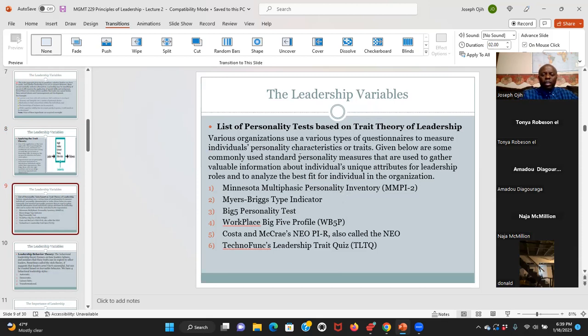Some of those include the Minnesota Multiphasic Personality Inventory, the Myers-Briggs Type Indicator, the Big Five Personality Tests, the Workplace Big Five Profile, Costa and McCrae's NEO PI-R, also called the NEO tests, and so on and so forth.